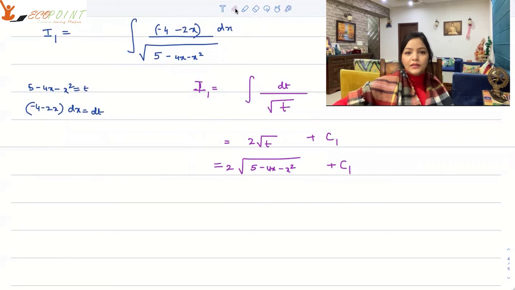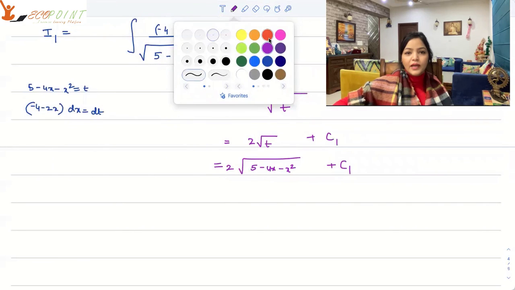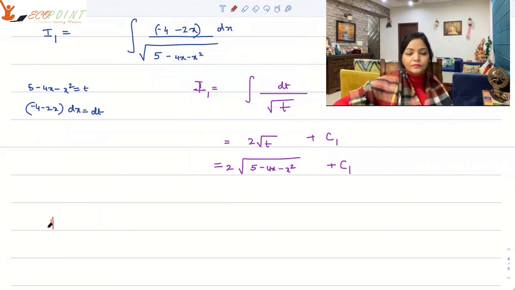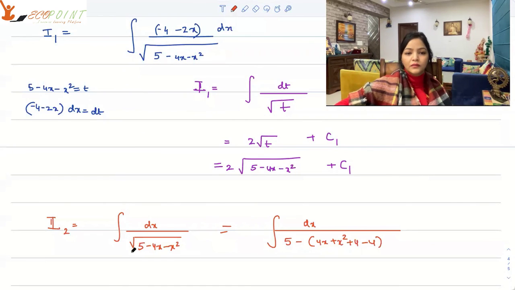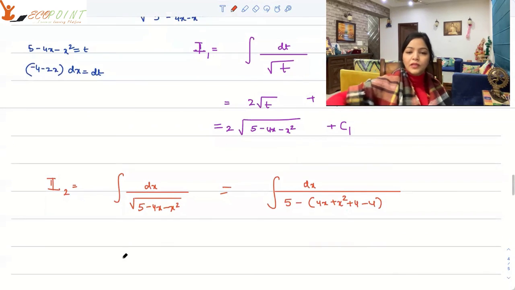And similarly, let's now look at I2. I2 is integral dx upon square root of 5 minus 4x minus x square. So what we can do here? Again, we have to create whole squares here.